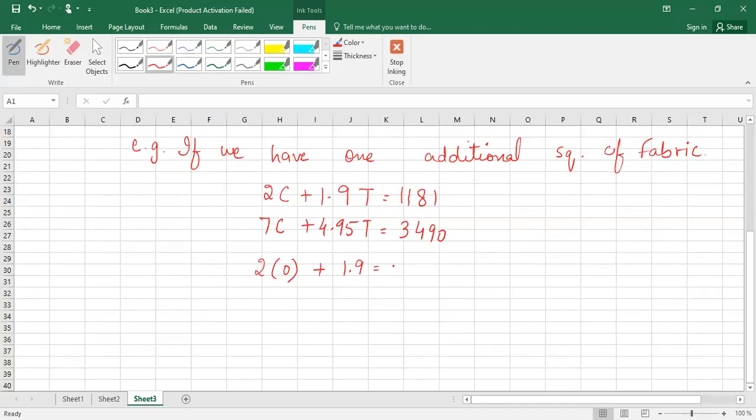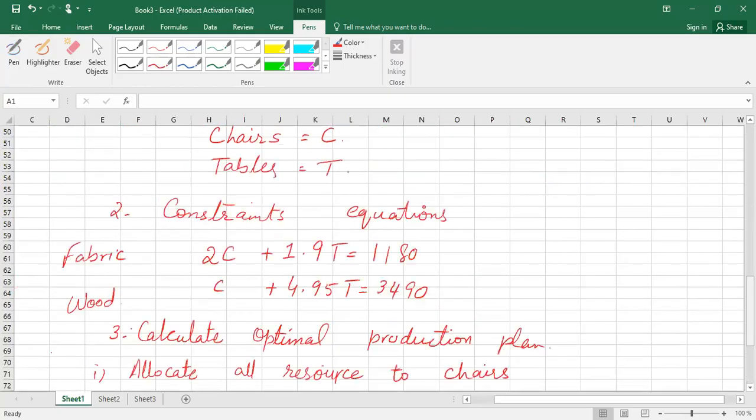1.9T is equal to 1181. So we are going to find out the T. 1181 divided by 1.9 is 621.57. Previously, I think it was 621.05.